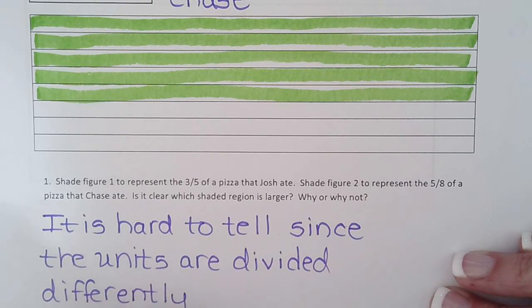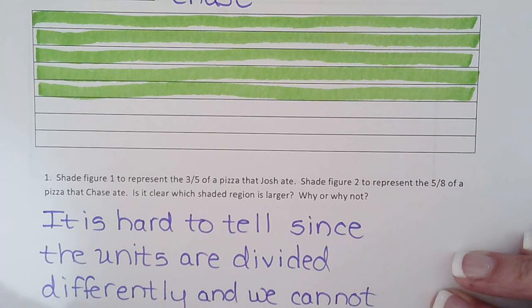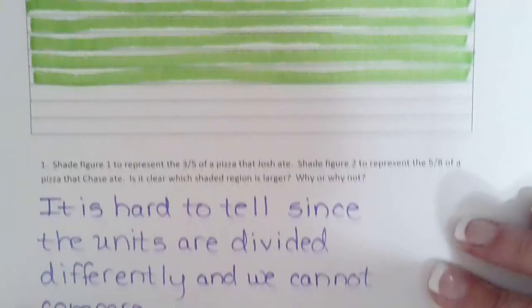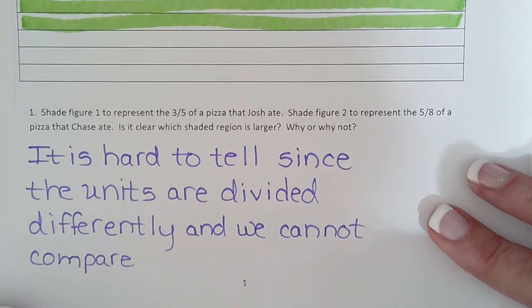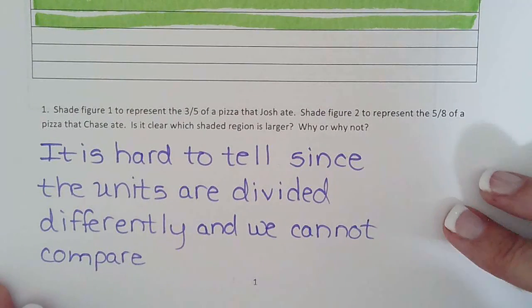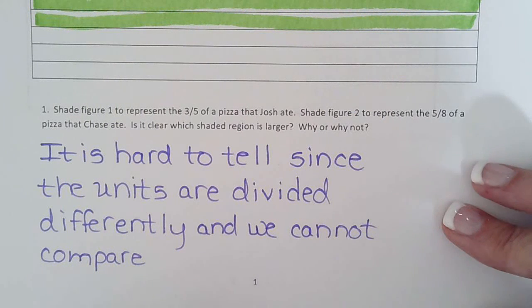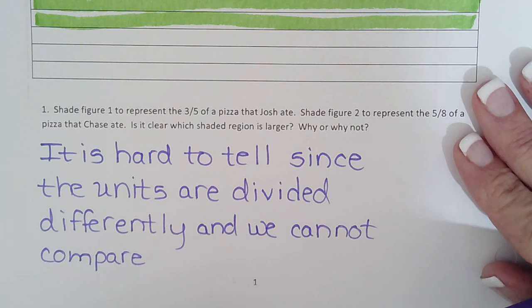It is hard to tell since the units are divided differently and we cannot compare the shading. Because before we could compare the shading, unless they were really, really close, and tell who had more. Like the last one that we did, the candy bar problem, that was pretty hard. We could narrow it down to 2, but it was pretty hard to tell.